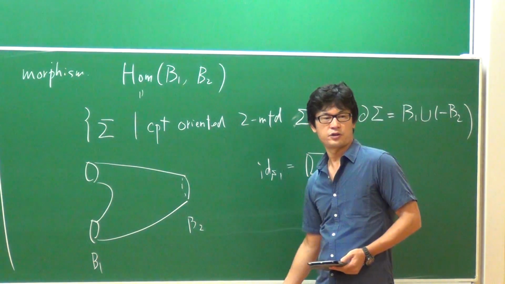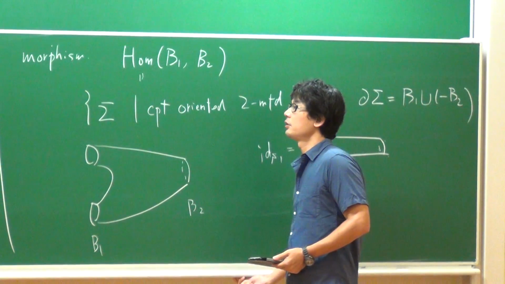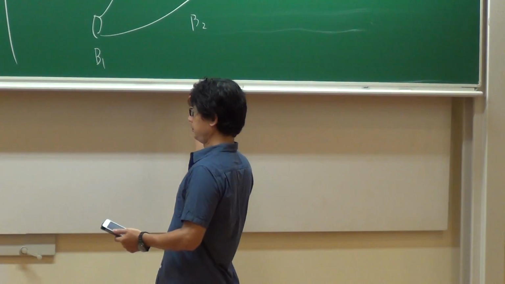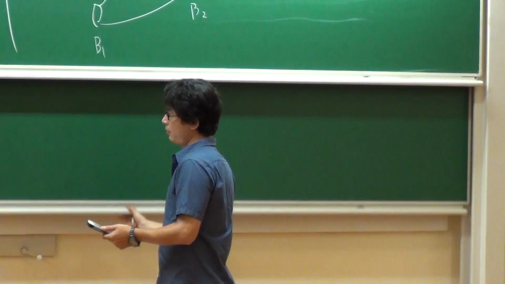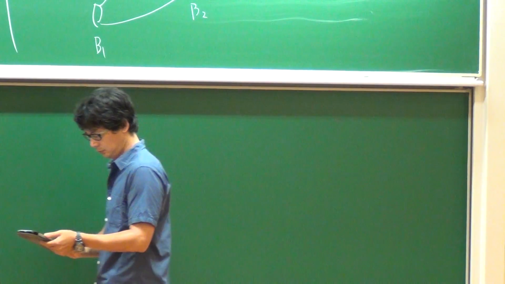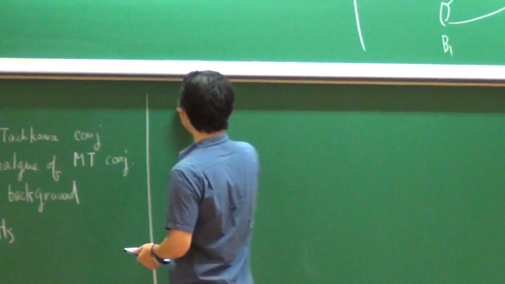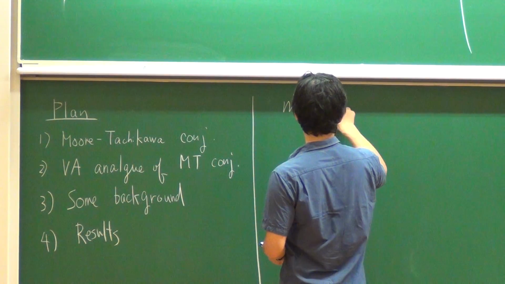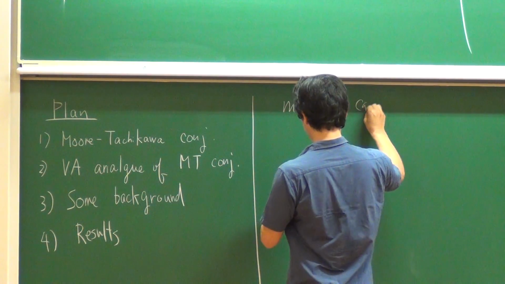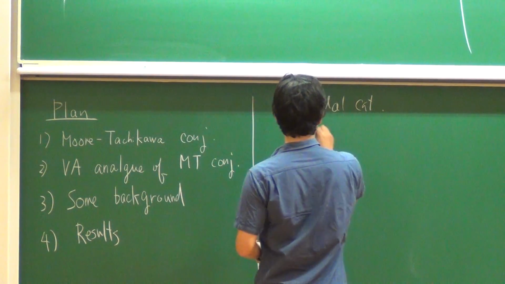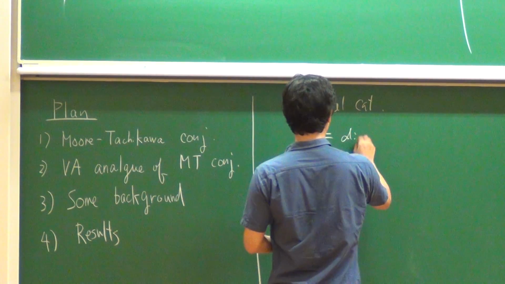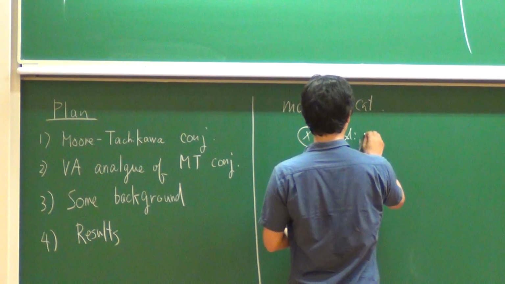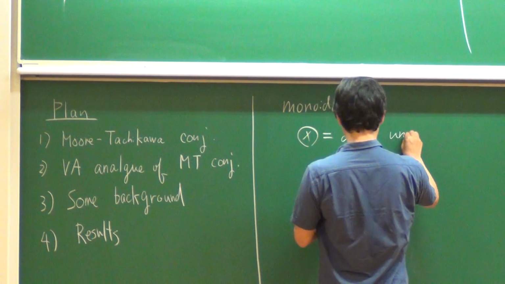So this is a usual category, and this is a monoidal category. The tensor product is just a disjoint union.